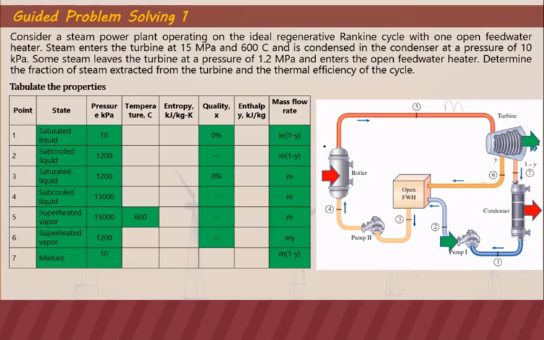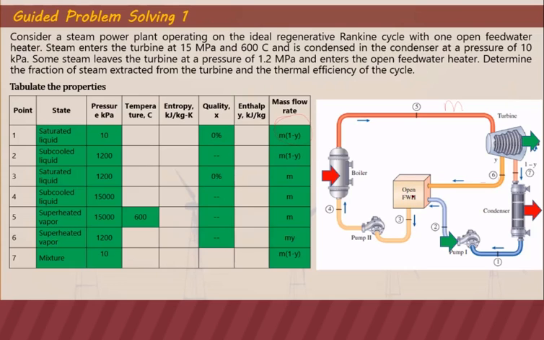That's why it's m times 1 minus y. At point 2, it is pumped, so the pressure now is the same pressure as that of the open feed water heater, because for them to mix at the open feed water heater, they have to be at the same pressure.